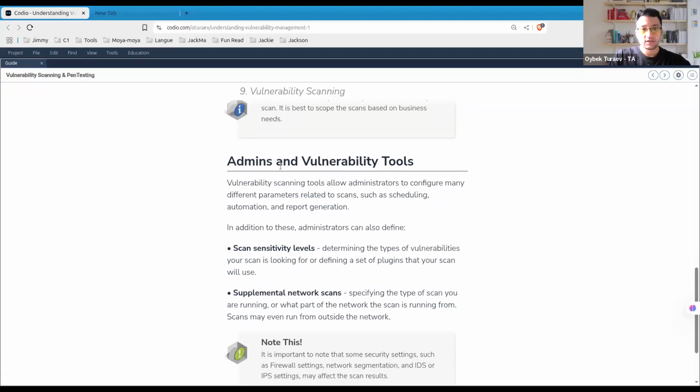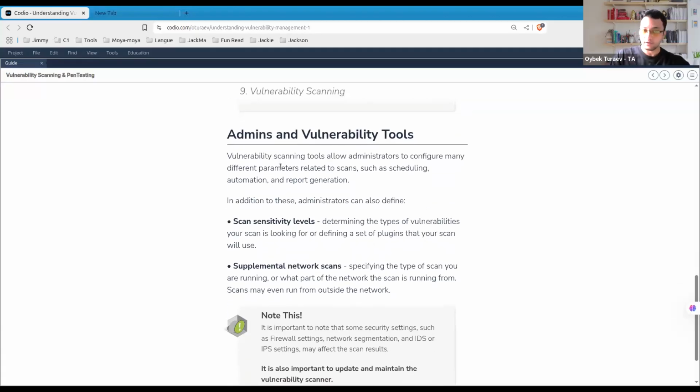So this has the questions, and then admins and vulnerability tools here. Here we have different configurations for vulnerability scanning. We have admins who are going to be responsible for performing the vulnerability management process, because not every individual in a company can do this. Why?